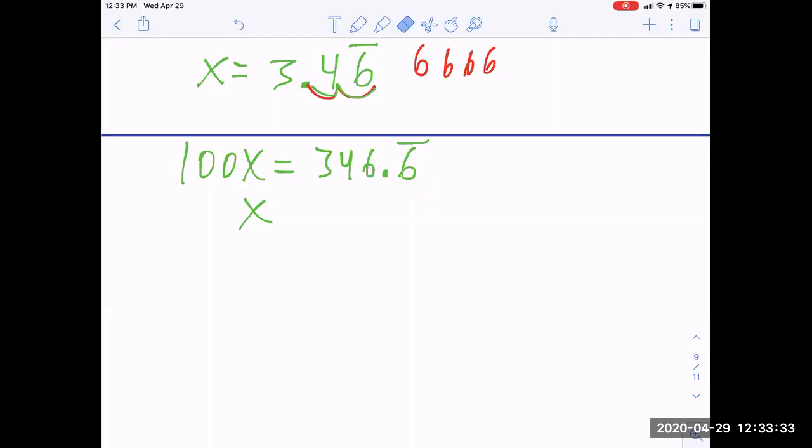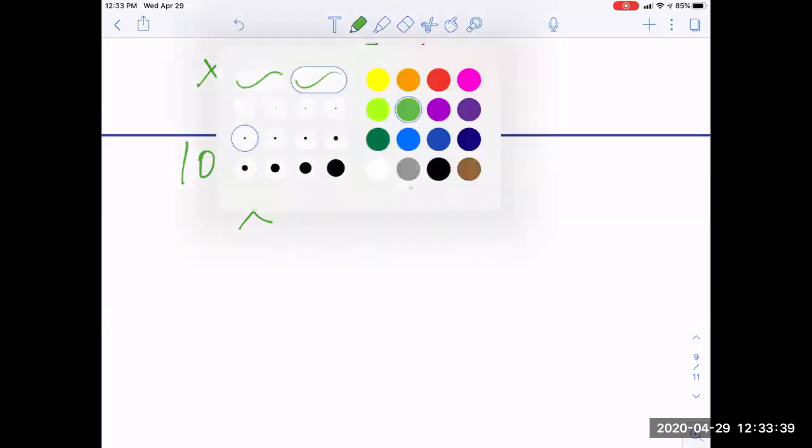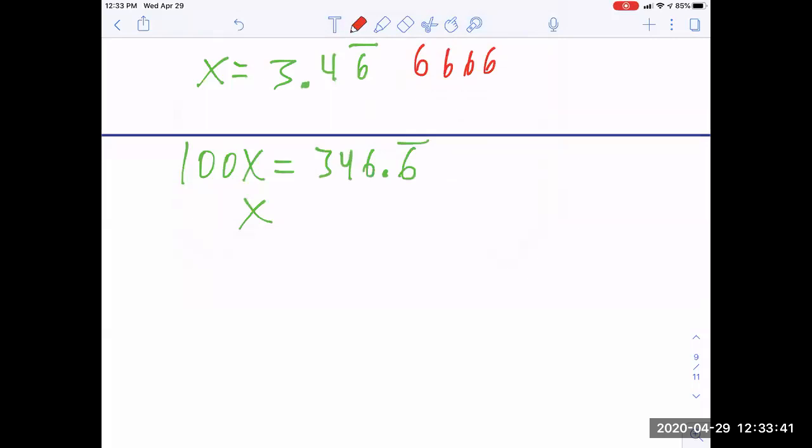To line it up, I'm going to have to move that decimal point once. I need 10x to get 34.6. So when I subtract, I have 90x.